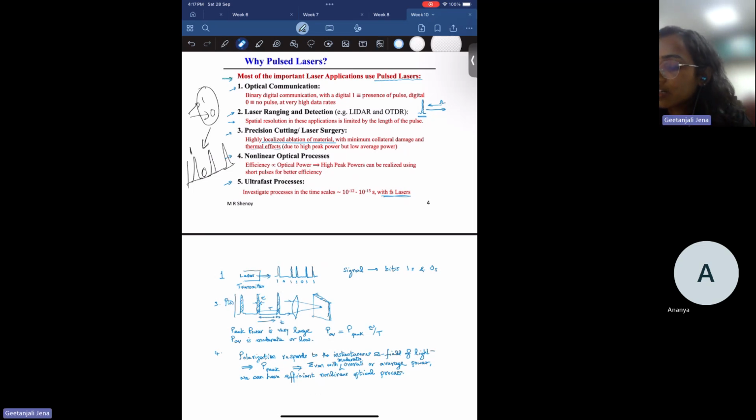And the next is laser ranging and detection. For detection purposes, you can use this pulse laser where we can resolve the spatial resolution, and the spatial resolution is limited by the length of the pulse. And we can also use it during laser surgery or precision cutting.